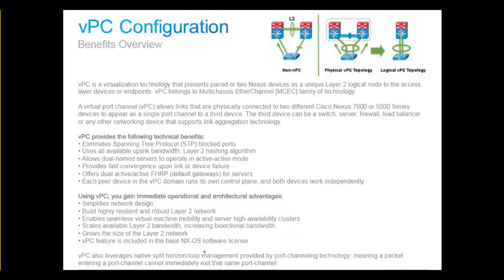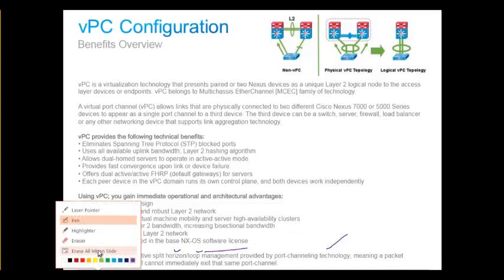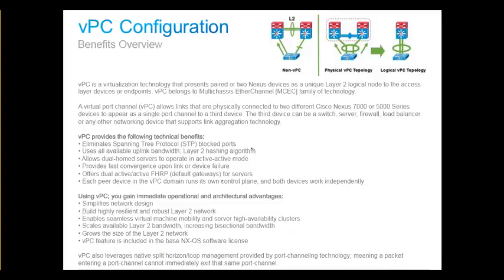vPC also leverages native split horizon loop management provided by port channeling technology, meaning a packet entering on the port channel cannot immediately exit on the same port channel. Very good. I'm going to teach you later with a nice picture how the loop is prevented, but I'll put it in a simple way.